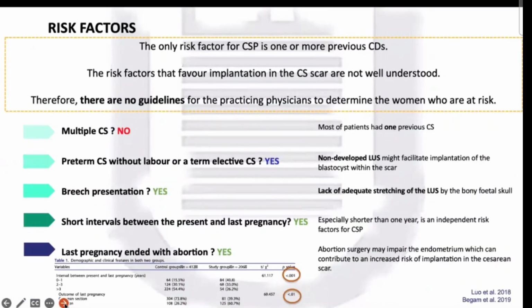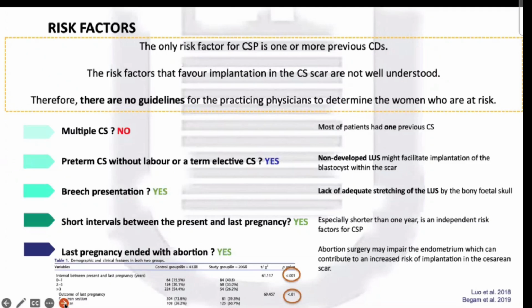Risk factors, as you heard before, as for the ISMO seal, the only risk factor mostly is the cesarean section. We don't know if a different suturing can improve this, but for sure we have not really understood risk factors. For sure it is not that if you have 1 or 2 or 3 cesarean sections, you are more at risk.